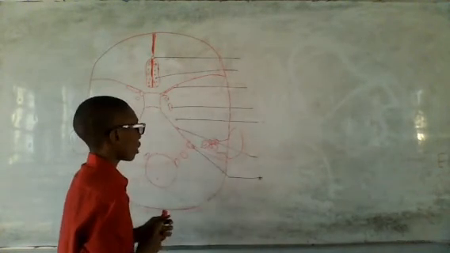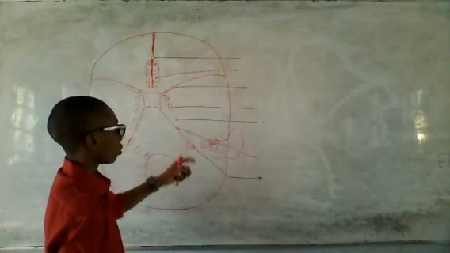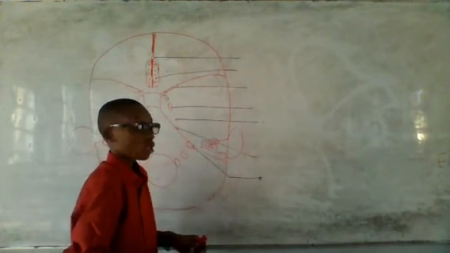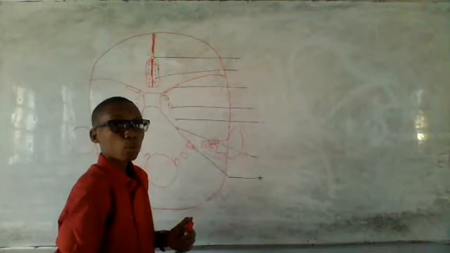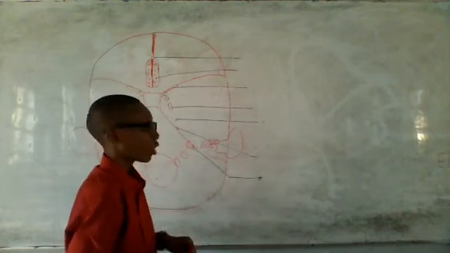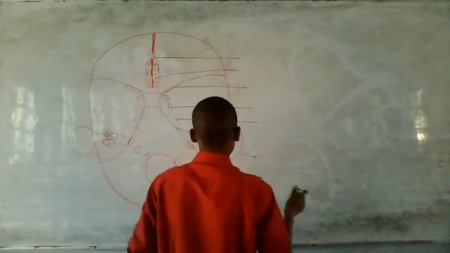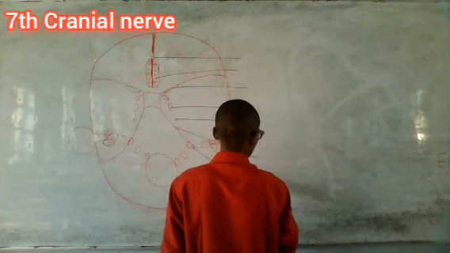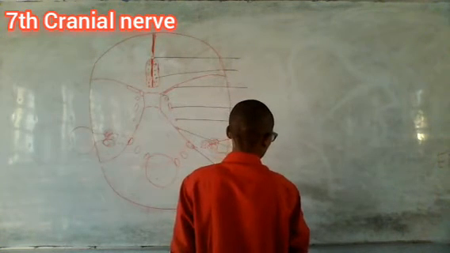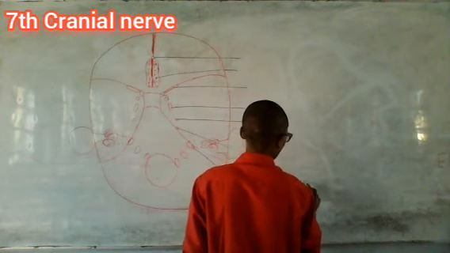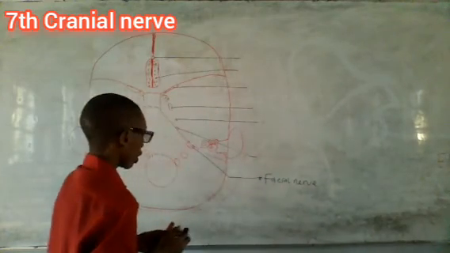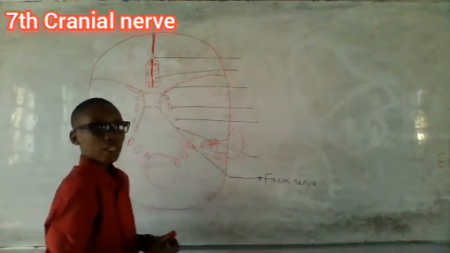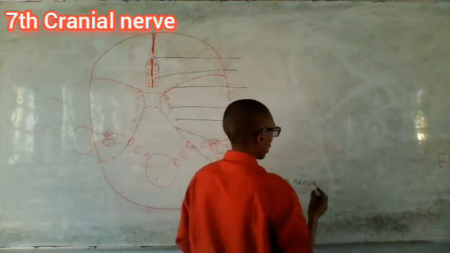One of the structures that pass through the internal auditory canal or the internal acoustic meatus is the facial nerve. The facial nerve is the seventh cranial nerve.